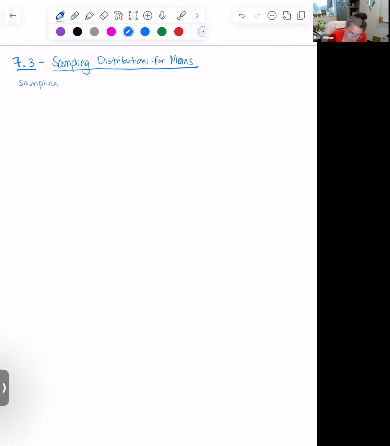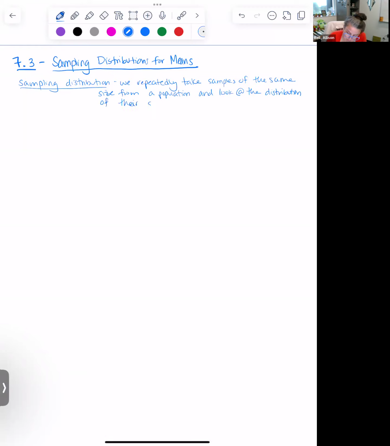So a sampling distribution is we repeatedly take samples of the same size from a population and look at the distribution of their statistics, in this case, a mean, okay, or a proportion, which would be in 7.4, okay?